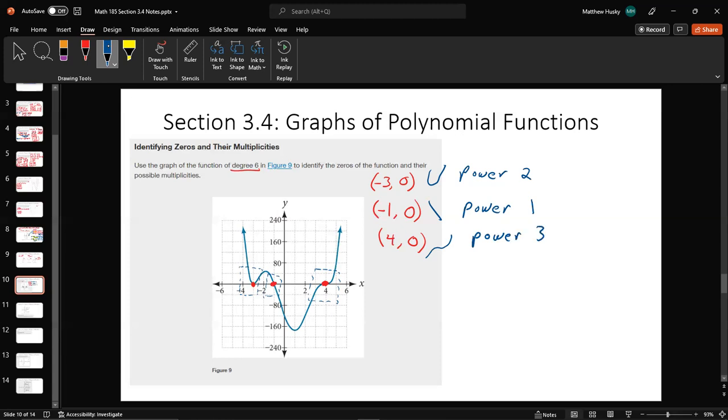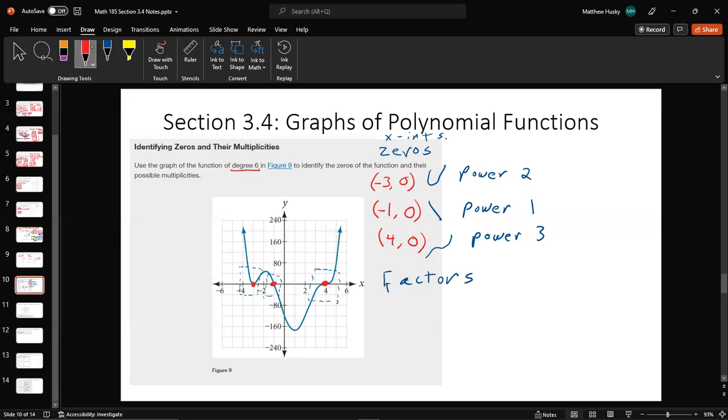Now, we need to get factors. These are called the zeros or the x intercepts. What we want are the factors. So we need to write them as things in parentheses that would be the factors of the polynomial if you factored it.